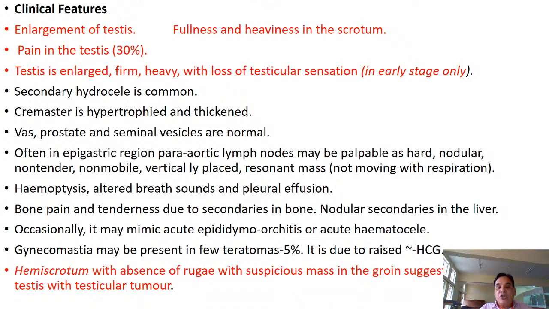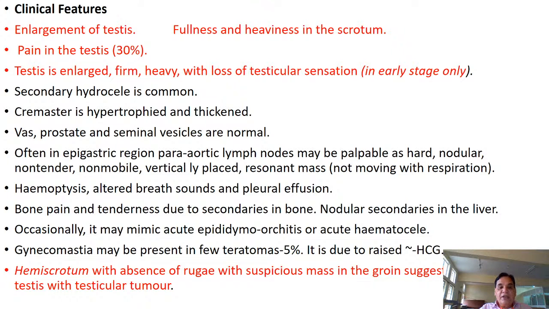And loss of testicular sensation. Whenever you grab the testis, there is a very typical sensation, and that sensation is lost. For early diagnosis, if there is no testicular sensation in an enlarged testis, you must always consider malignancy. Malignancy is also one of the causes of a secondary hydrocele.